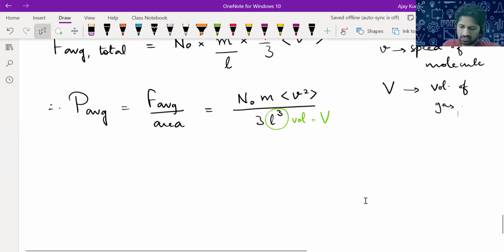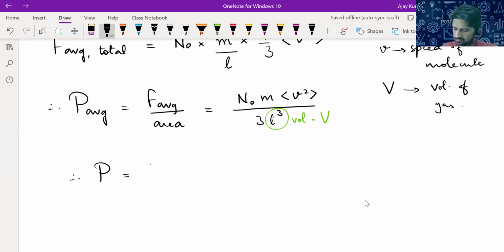So we get pressure on the wall of the container is 1 by 3 N naught, where N naught is the number of molecules, m is the mass of each molecule, multiplied with the average of the square of the speed divided by volume of the container.